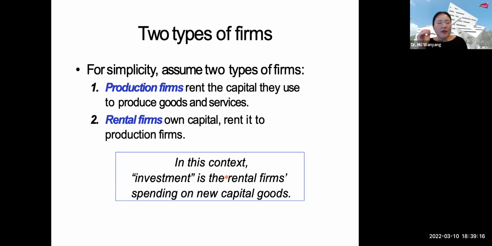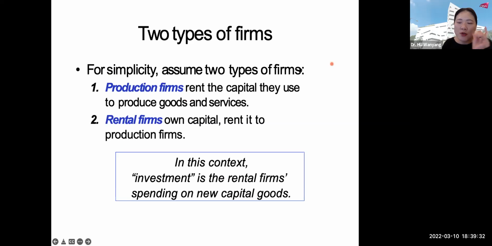In this hypothetical, we use a simplified model to explain the decision of investment. In this simplified world, let's assume that we only have two types of firms.